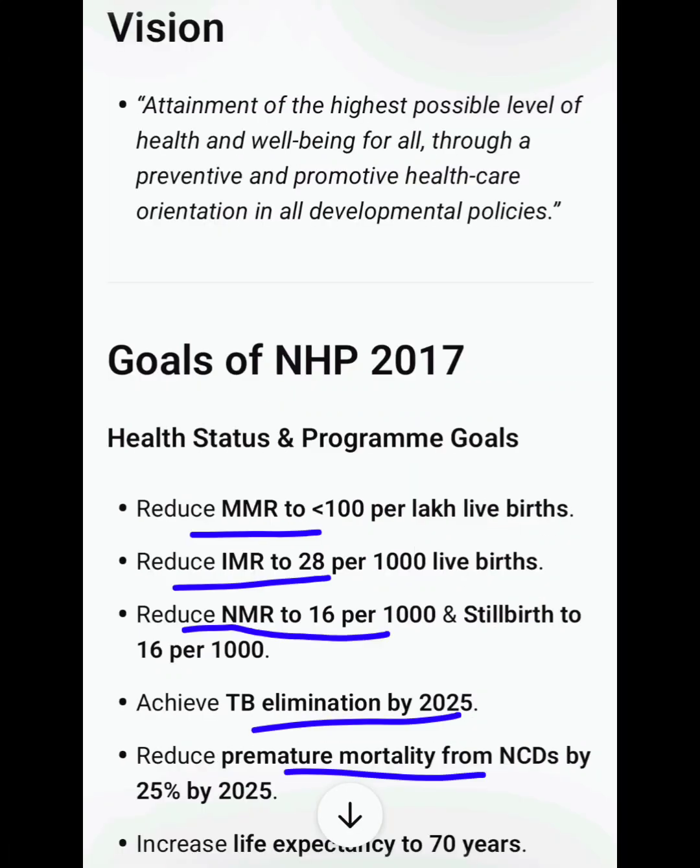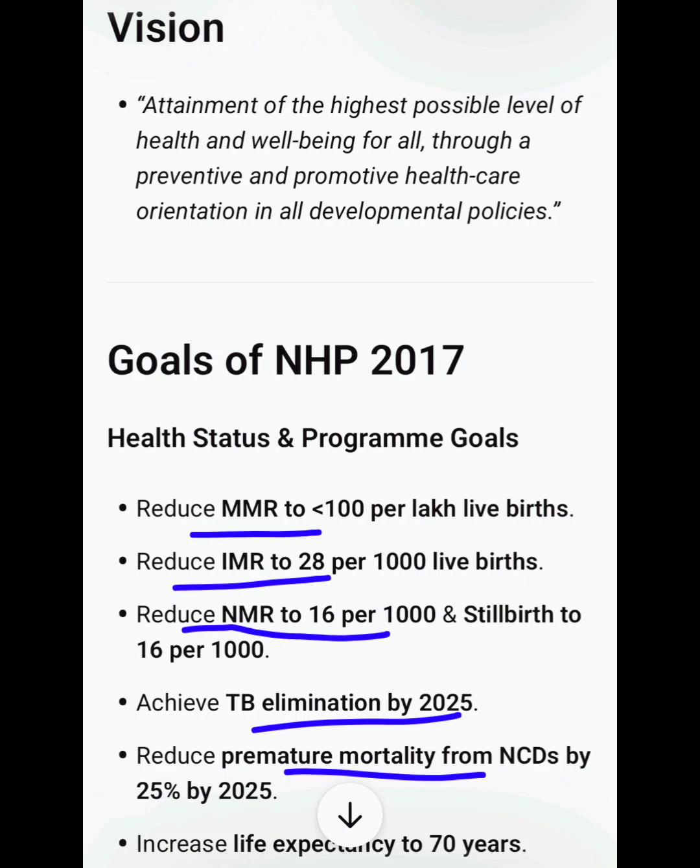The next one, vision: attainment of the highest possible level of health and well-being through a preventive, promotive healthcare orientation in all developmental policies. Next, the goals. The first one, we have to reduce MMR to less than 100 per lakh live births, reduce IMR to 28 per thousand live births, reduce NMR to 16 per thousand, and stillbirth to 16 per thousand.